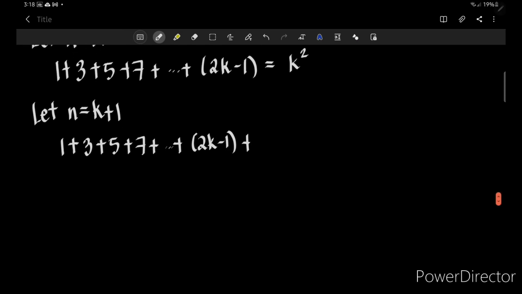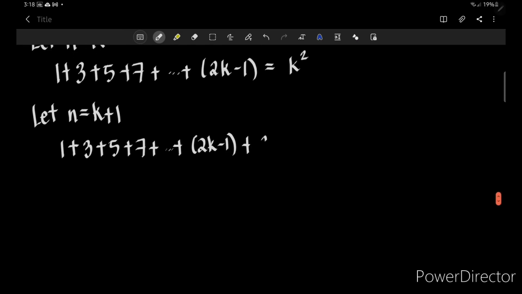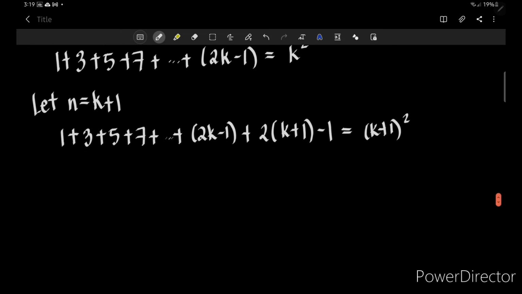Here, ang next po sa 2k minus 1 is 2 times k plus 1 minus 1. Okay? Then, sa right side, we have k squared. Papalitan lang natin siya ng k plus 1. Okay. So, everywhere you see a k, we will replace it as k plus 1. Okay. So, we have k plus 1 squared.